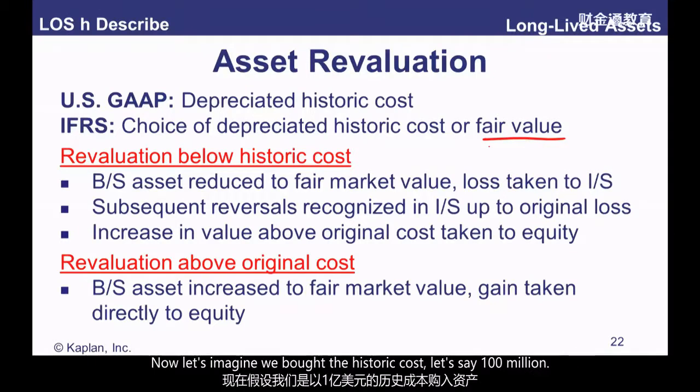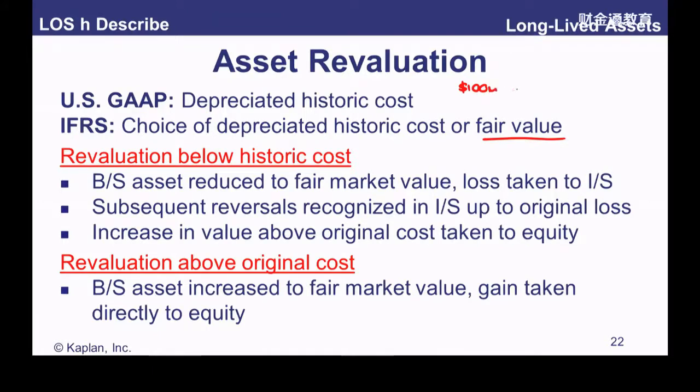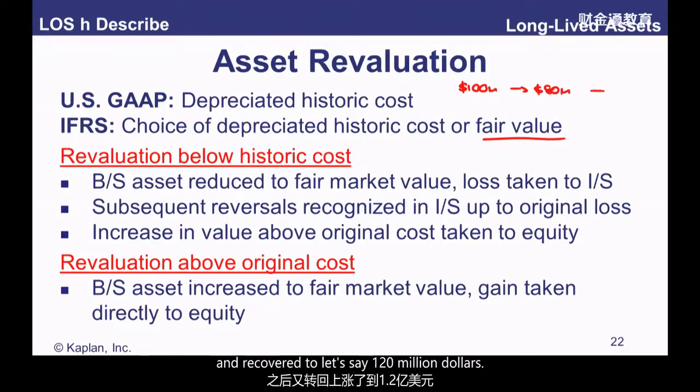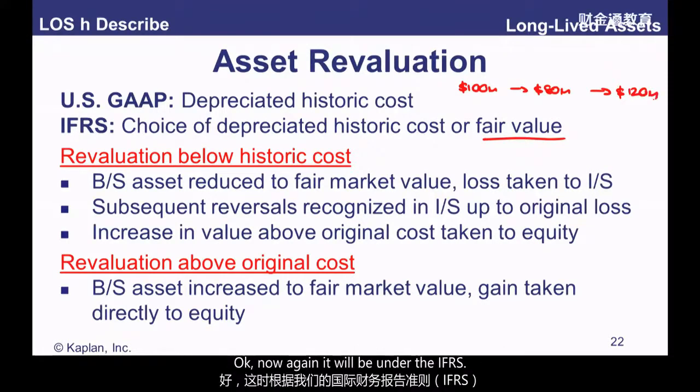Now let's imagine that we had the historic cost at, let's say, 100 million. Then essentially it declined down to 80 million and then recovered to, let's say, $120 million. Okay, now again, it would be under IFRS, so it would be euros or maybe sterling, etc. Now notice what we have here is our original cost of 100 million.